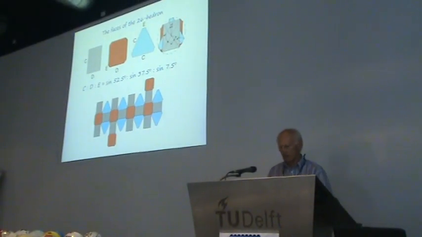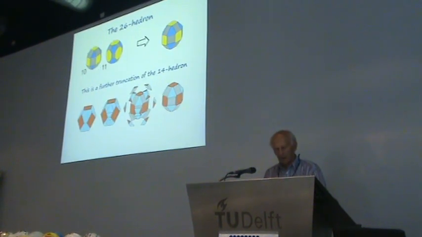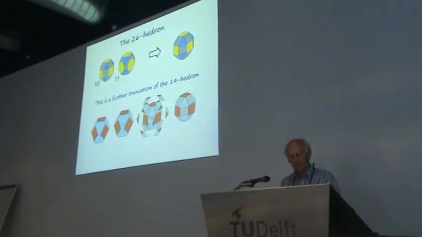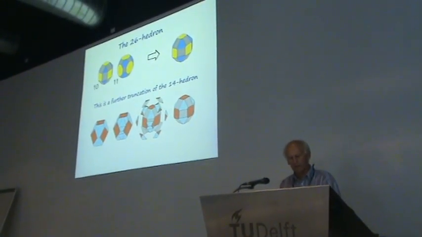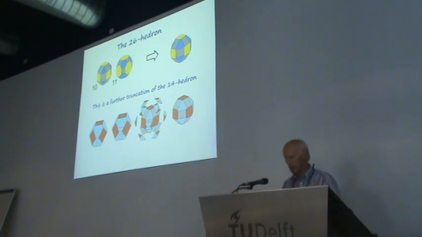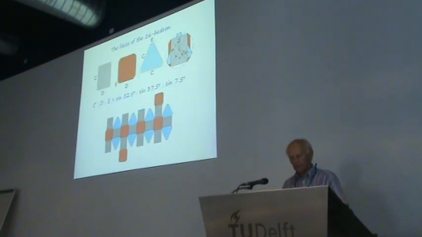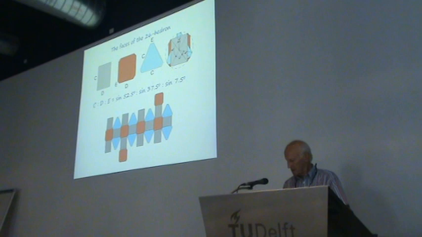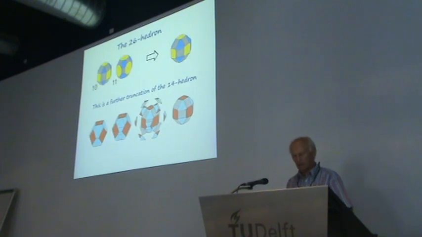Well, this is again, and the 26-hedron is derived from one of these two, 10 and 11. This is the rhombic cuboctahedron, and you come to that one. That's the model over there. The 26-hedron is found by truncation of this, and you get that one, yes.